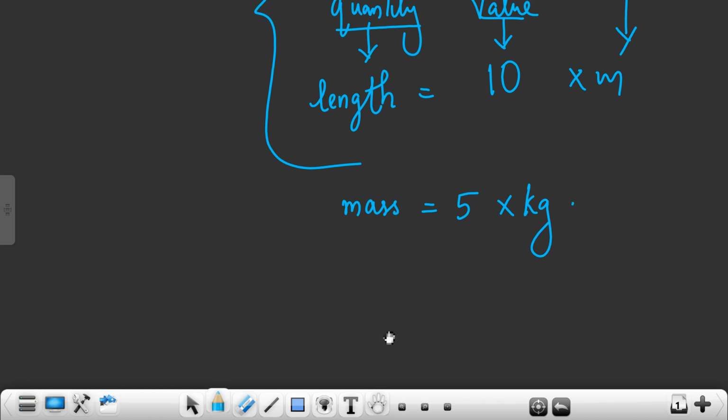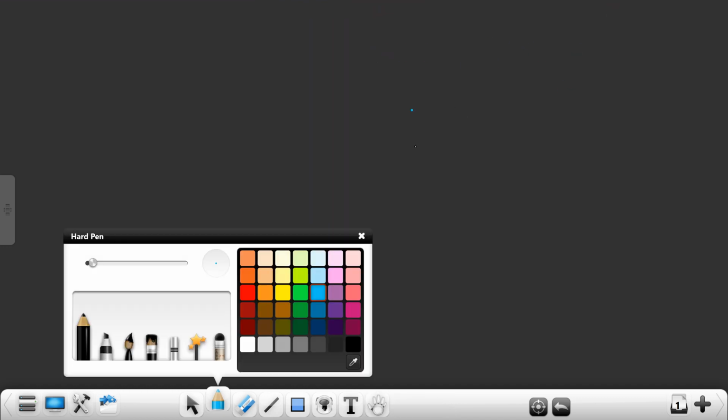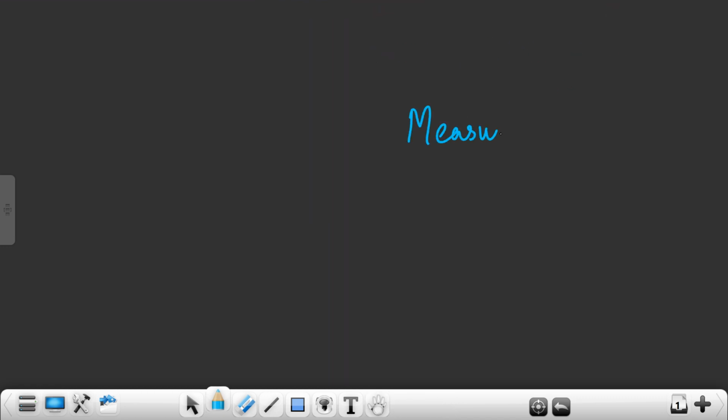Now, what is measurement? Measurement is a process of comparison of the given physical quantity with a known standard quantity of the same nature, and the standard quantity used to measure the given physical quantity is called the unit.